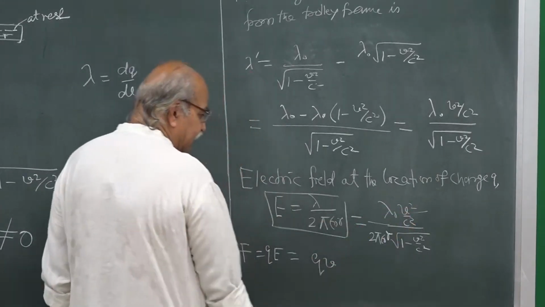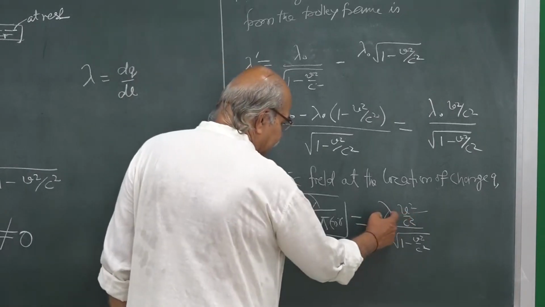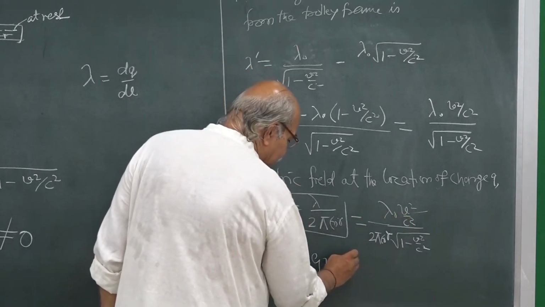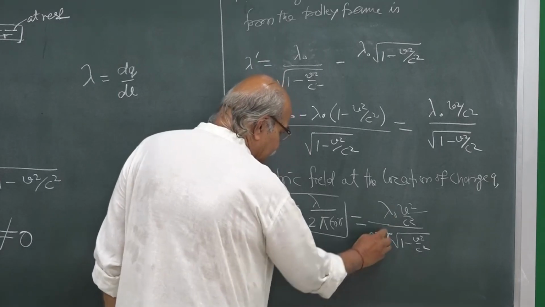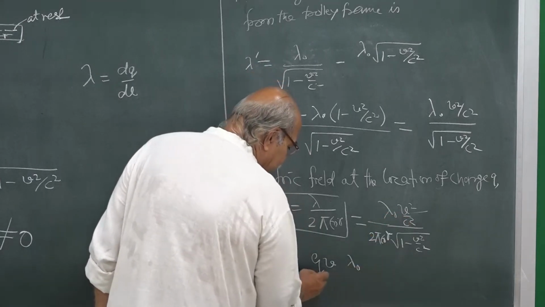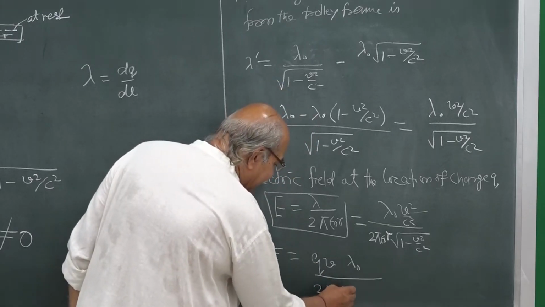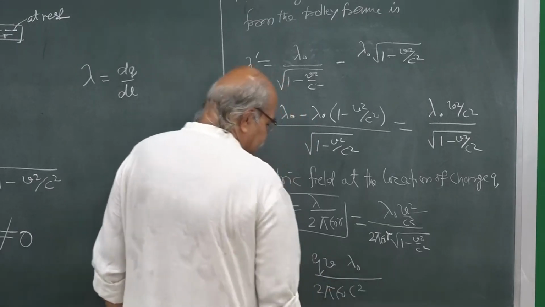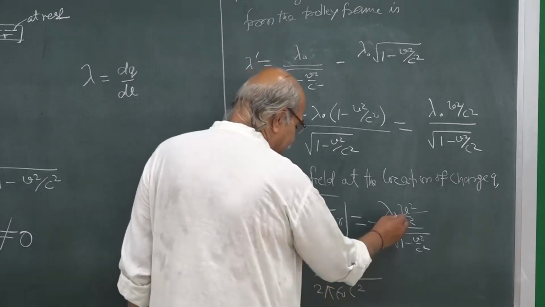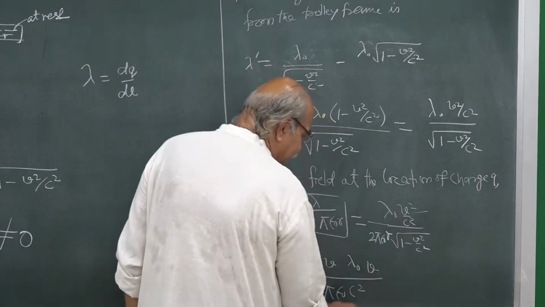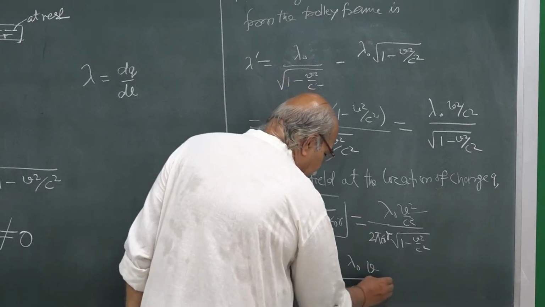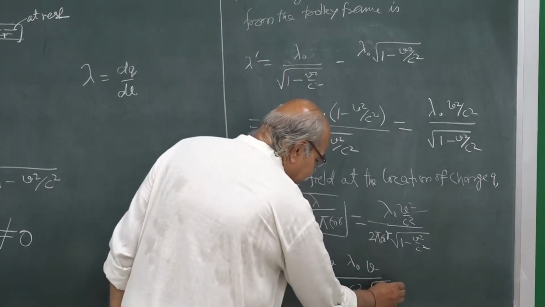Let me rewrite it slightly, and then what is left is lambda naught by c square. So, I write lambda naught here, and then by c square. So, this is 2 pi epsilon naught and then c square, okay, and then what is left, 1 v is left, and then the square root of 1 minus v square by c square.